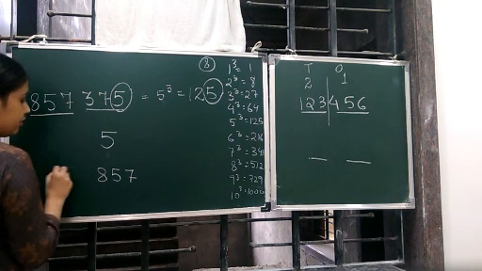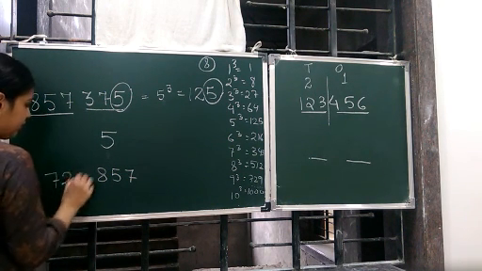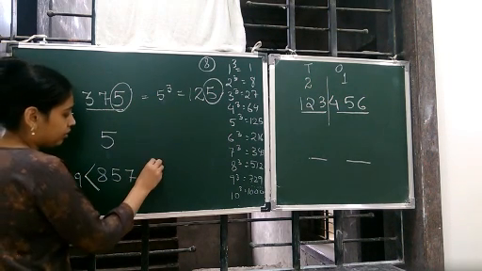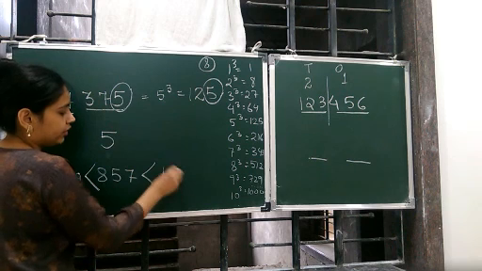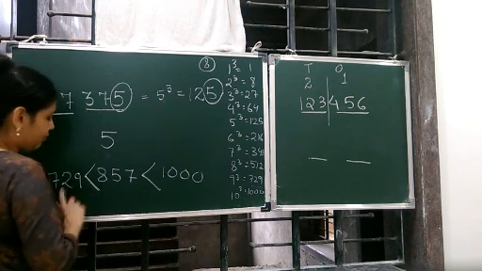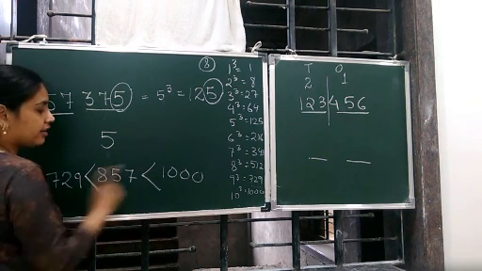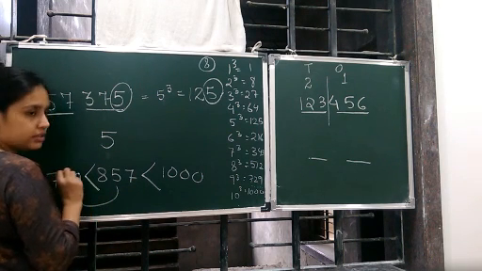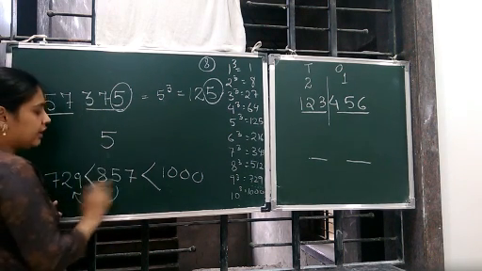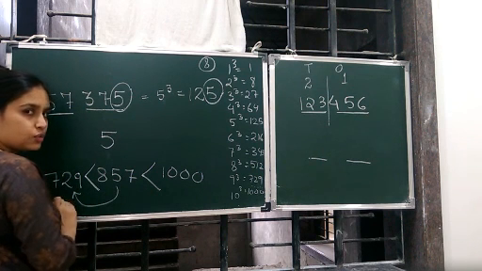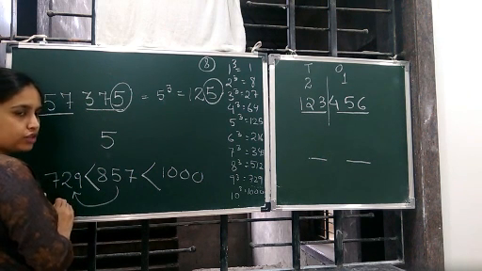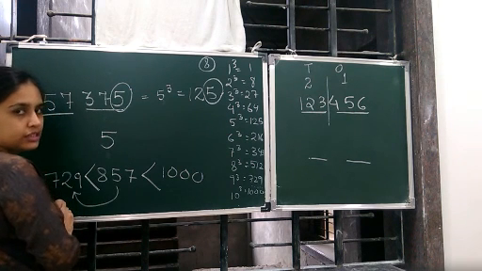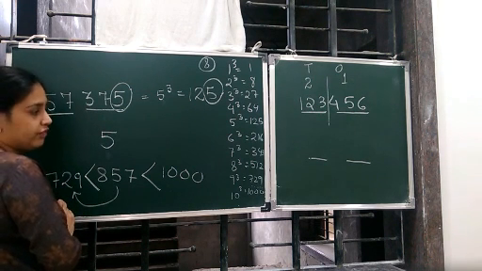Now which number is nearer? 729 is nearer. Or also you can say, always go to the smaller cube. If you don't want to check the nearest, then just go to the smaller perfect cube.